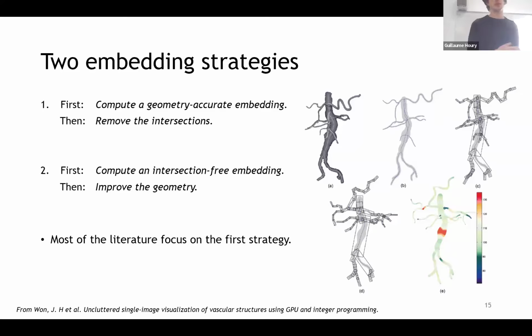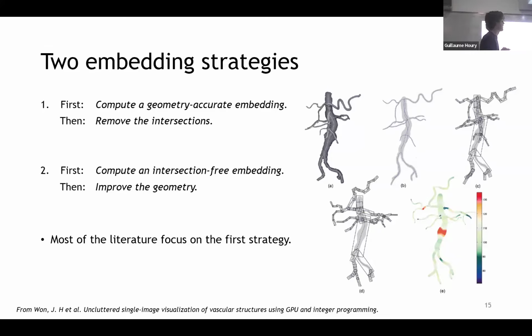Interestingly, most of the few works related to geometry-preserving embedding focus on the first strategy, probably because it's easier to define what a geometric projection from 3D to 2D is, rather than trying to refine it afterwards. And so this is how a typical method of the literature looks, starting from a 3D tree here.